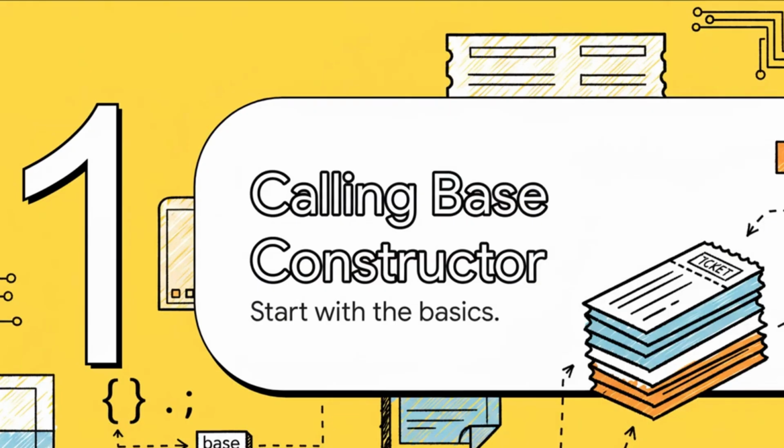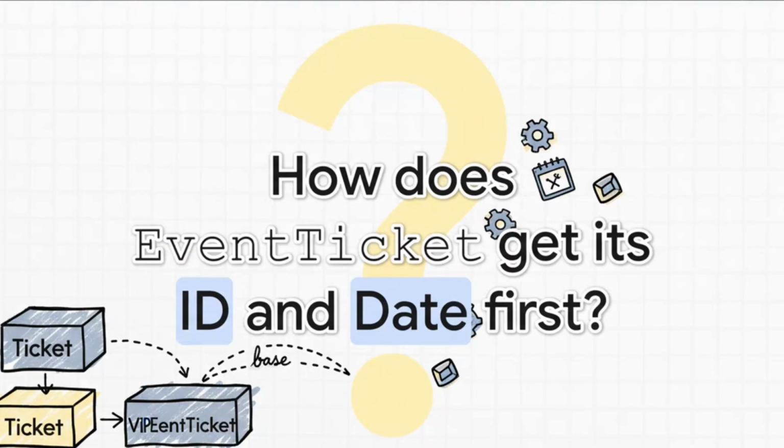Okay, first up, and this is absolutely critical, we need to make sure that every new specialized ticket we make is built correctly on top of the original basic ticket. You've got to have the foundation in place before you put up the walls. So here's the puzzle we need to solve. We've got this new event ticket for, say, a concert.